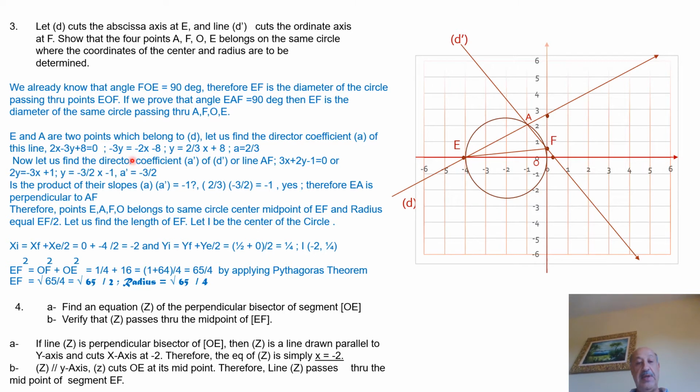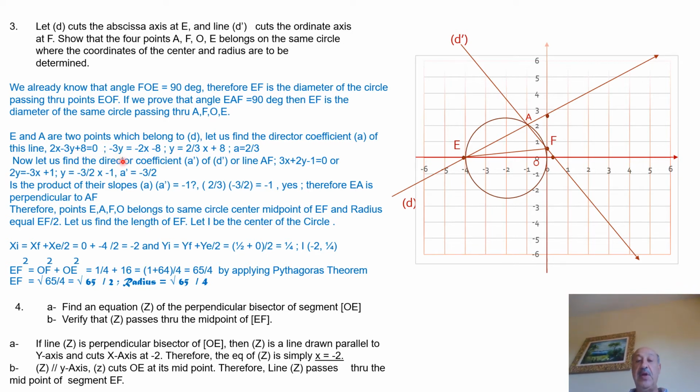Consider equation D here: 2x minus 3y plus 8 equals 0. To determine the director coefficient, be careful: it is the coefficient of x when we solve for y in terms of x.